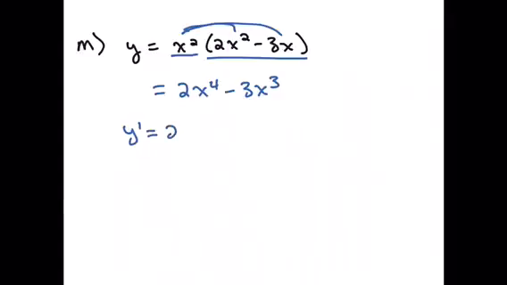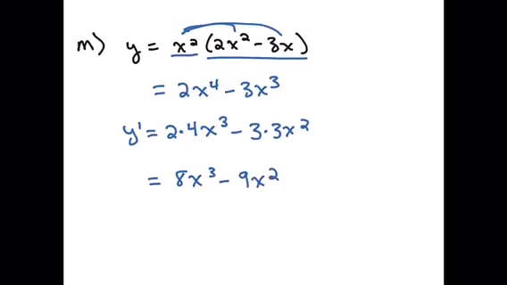For the first term, the 2 stays out front. When I take the derivative of x to the 4th, I get 4x cubed. For the second term, the negative 3 stays out front. And when I take the derivative of x cubed, I get 3x squared. And we'll multiply our coefficients together. This gives me 8x cubed minus 9x squared.